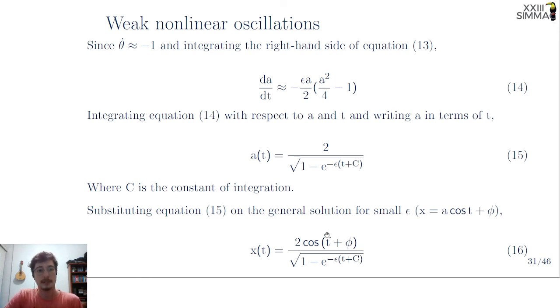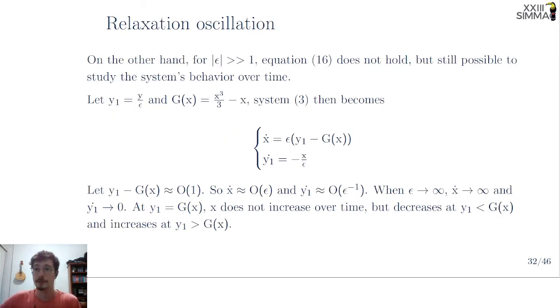But this equation does not hold for sufficiently large values of epsilon, but it is still possible to study the system's behavior over time. We make this change of variables and call this function g of x. So if y1 minus g of x is of sufficiently large order, as epsilon tends to infinity, x also tends to infinity, and y1 tends to 0.